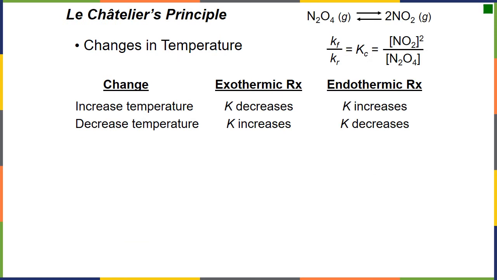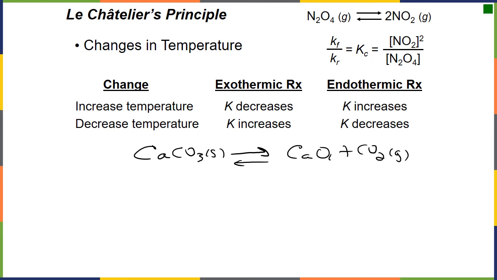So what about temperature? There's multiple ways of doing this, but the easiest way to look at it is to imagine that your temperature is part of the reaction. Let's say that we have calcium carbonate going into equilibrium with calcium oxide and carbon dioxide.